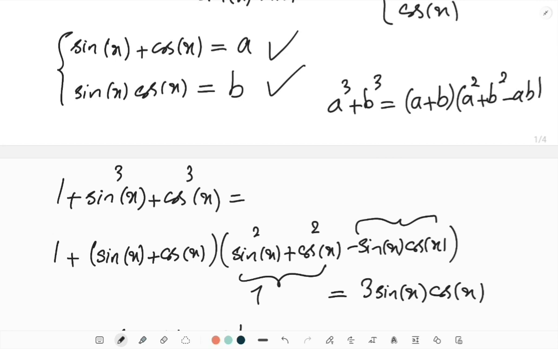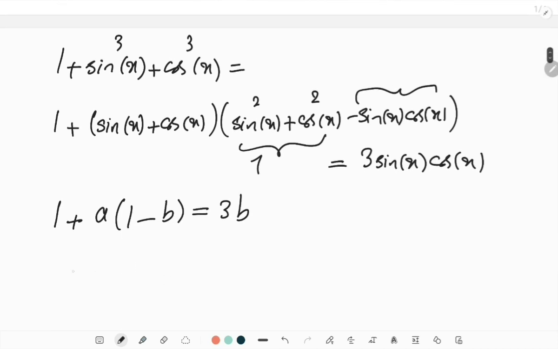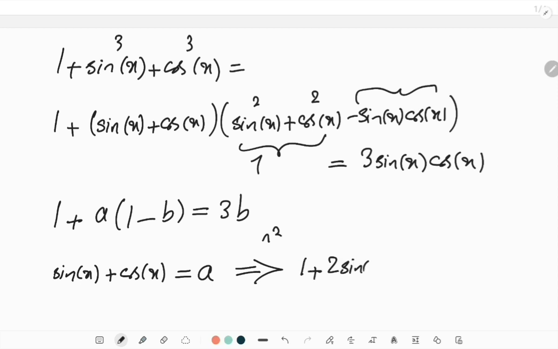So if I look at this here, sin x + cos x is equal to a. And if I raise both sides to the power of 2, what I get is sin²x + cos²x, which is 1, plus 2 sin x cos x.